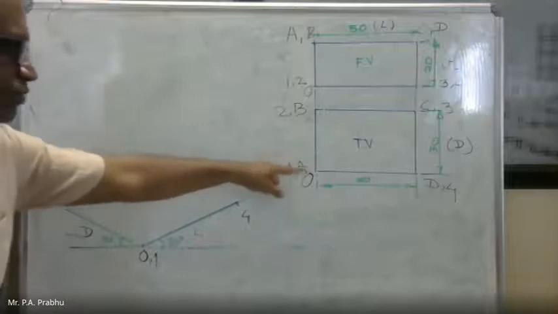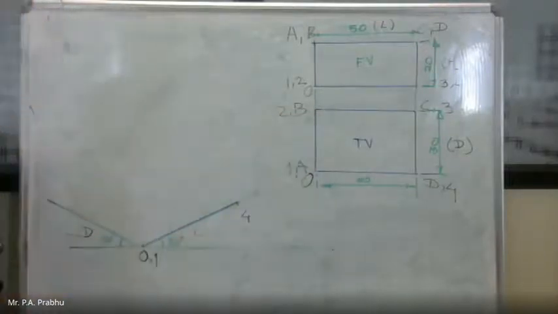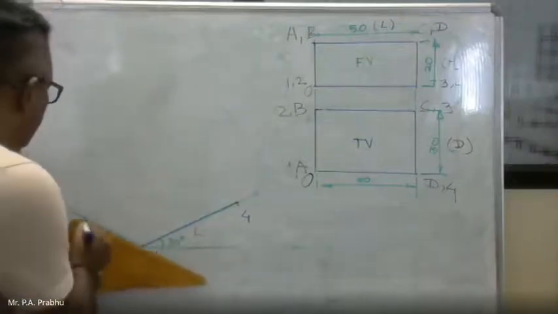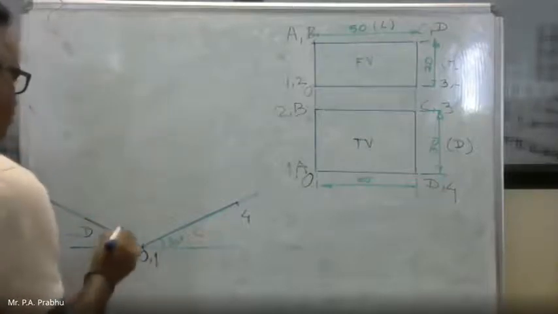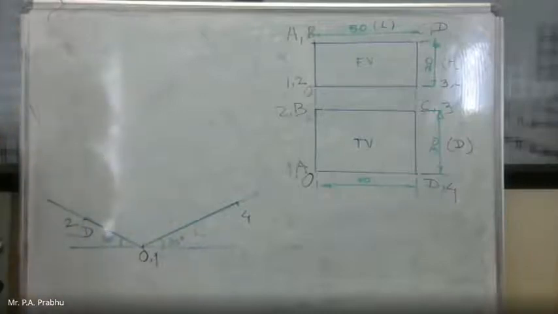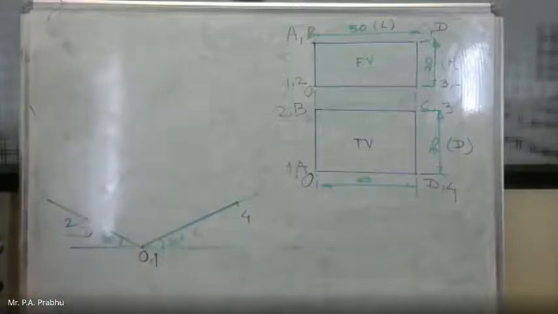Now next dimension is the depth dimension, 30 mm. So mark the depth dimension. Here I am on the length dimension, and here I am on the depth dimension.